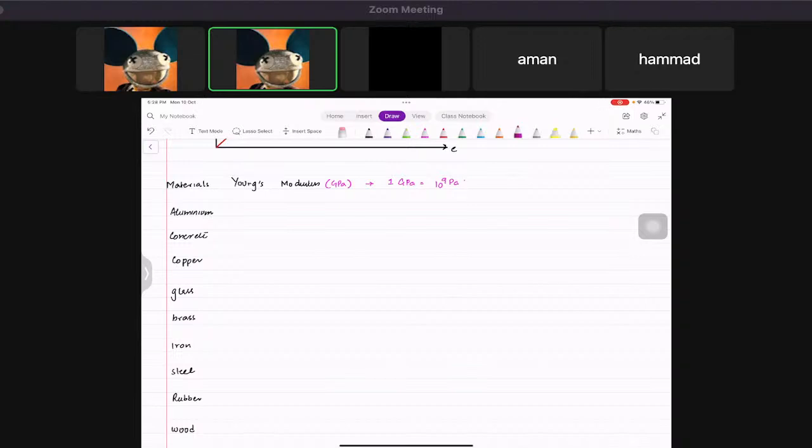So aluminum Young's modulus is 70 gigapascals, concrete is 40, copper is 130, glass is 70 to 80, brass is 90 to 110, iron is one of the toughest ones, which is 200, steel is tougher, 210, rubber is 0.01, which is very small, and wood is just 10.